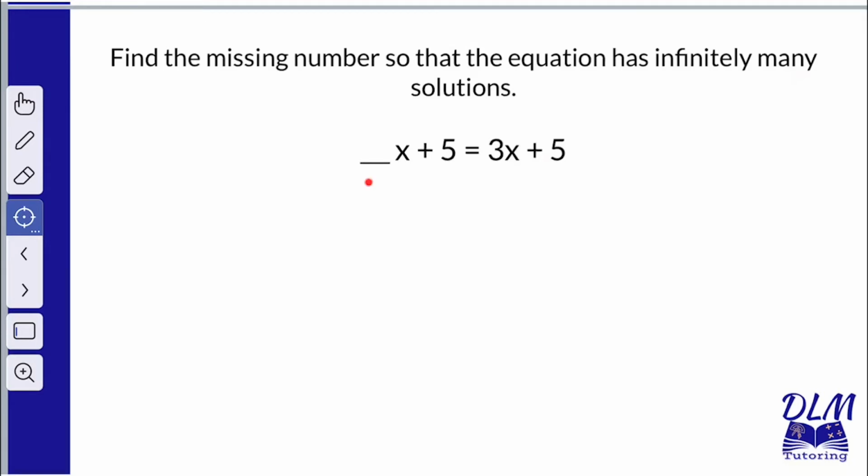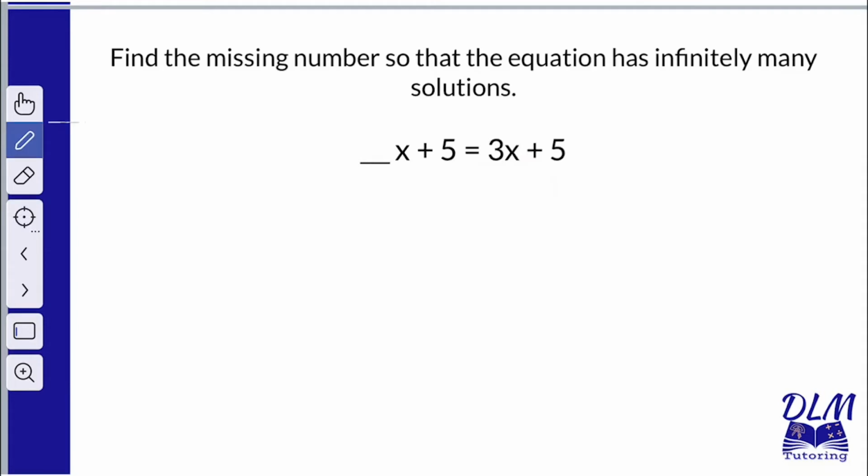So, in other words, if my variable term is the same on both sides of my equal sign, and the constant term is the same on both sides of the equal sign, then I know that it will have infinitely many solutions.